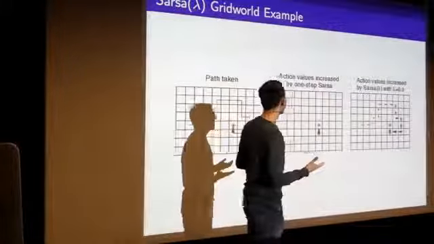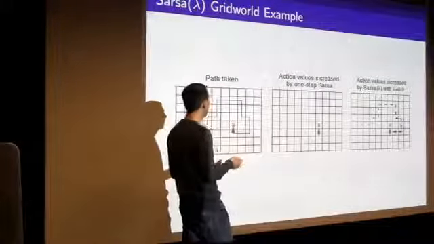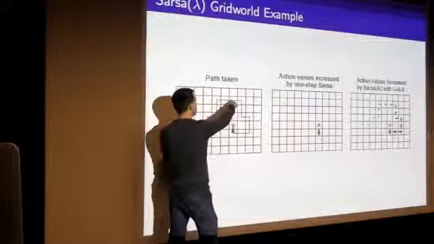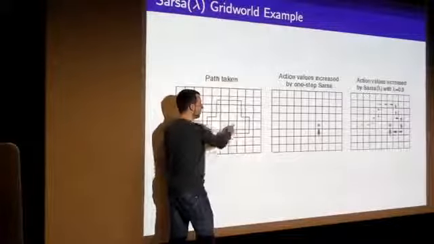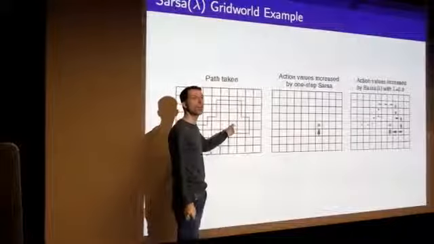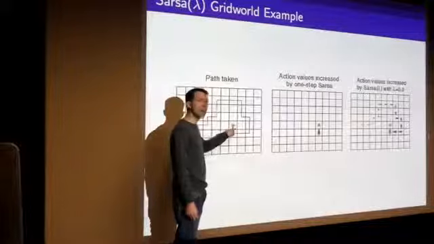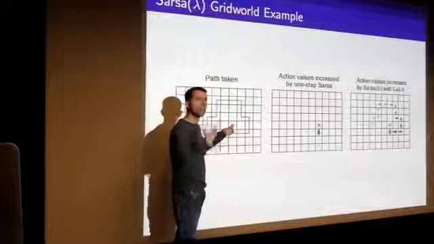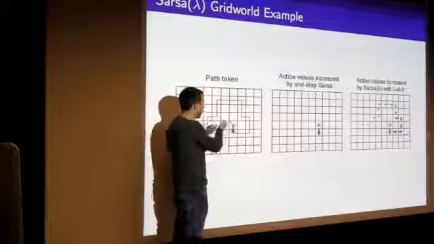So what would the updates look like? Well, if you just did one-step Sarsa, you get to the end here, you started off thinking you had a value function of 0 everywhere, you get to the end and you're like, aha, I actually got a reward of 1 once I reached there. So surprise, now you need to make some updates to adjust the values of your trajectory towards what actually happened.